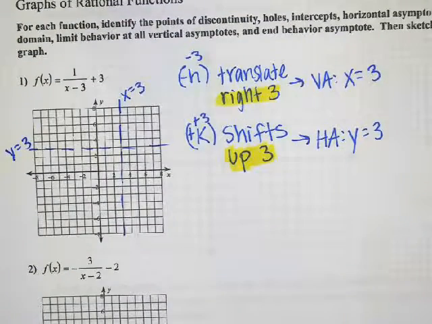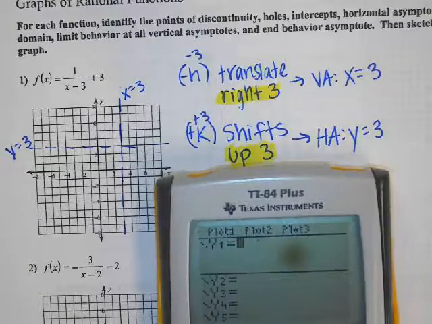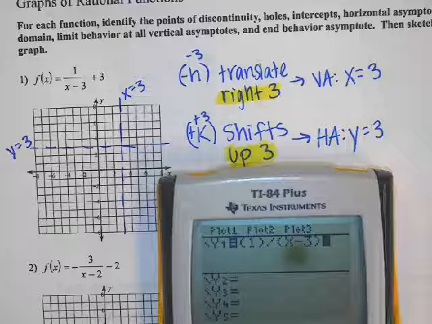Okay, there's the asymptotes. Go ahead and get your calculator out. Remember to put your numerator and denominator inside parentheses. In our calculator, we go to Y equals. The numerator is just 1 divided by, and the denominator is X minus 3. And then what's outside of that?